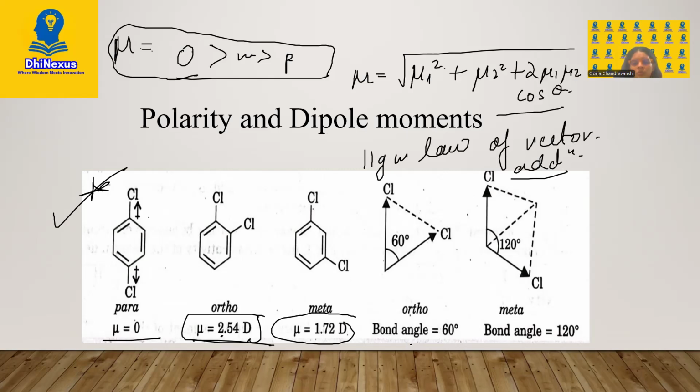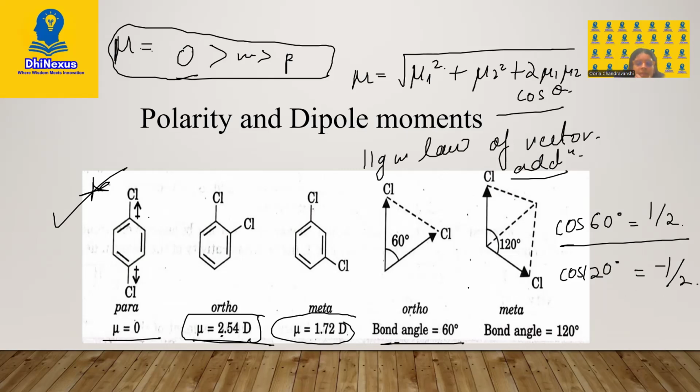Right? So we know the value of cos 60 degree, and what is the value of cos 120? It is half in case of cos 60 degree and minus half in case of 120.